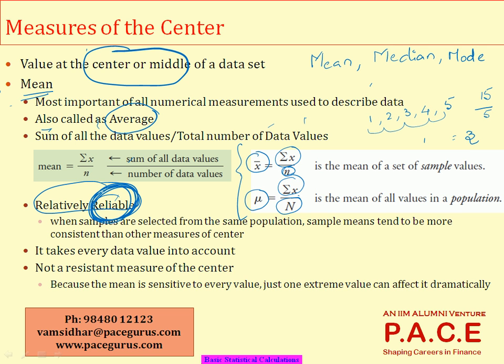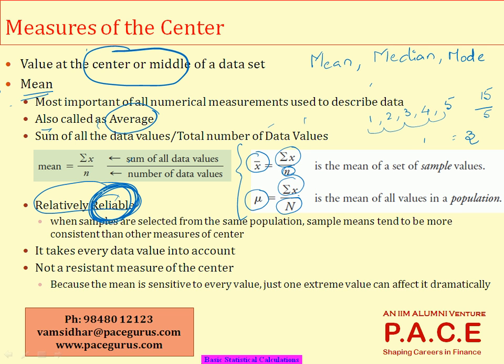So if I am taking out of a population of 100, if I pick some 10 of them randomly and find the mean, and some other 10 randomly and find the mean, the means will be more or less close enough compared to the other measures like median or mode.